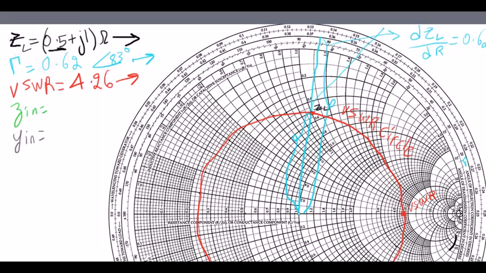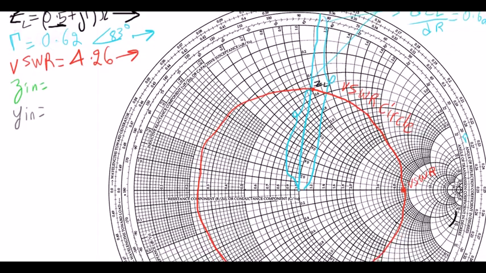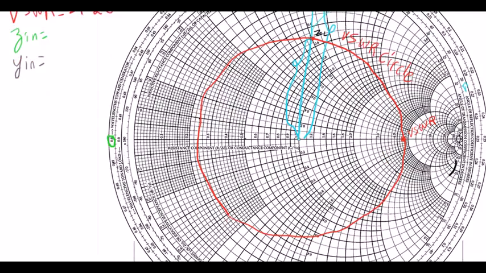And if you notice, because now we're working wavelength towards generator, which is this part of it, it starts at 0. If you go around that whole circle, it goes 0.49, and then obviously it's 0.5. So a full circle is 0.5 wavelength long.